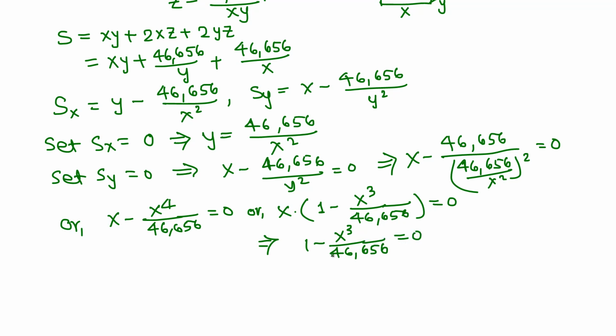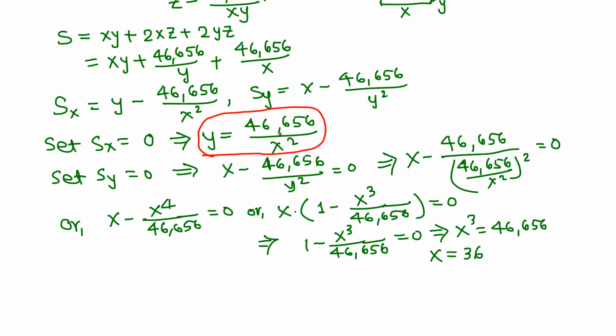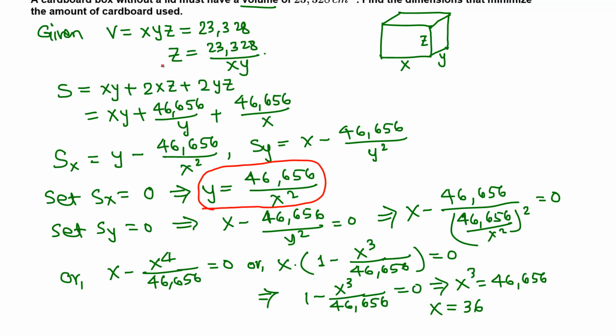Multiply both sides by this bottom, and we get x cubed equals 46,656. Take the cube root of both sides, then you get x equals 36. Okay, so x is 36. If we plug this x here, we get y. And if we plug x and y on the top here, we get z, and that's how we find the critical point.